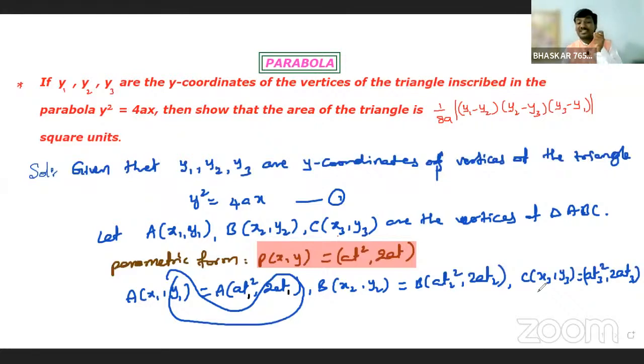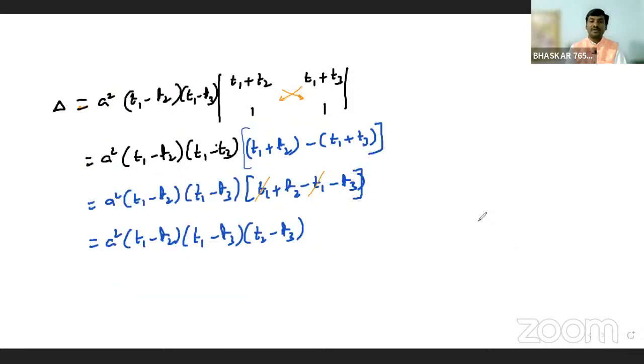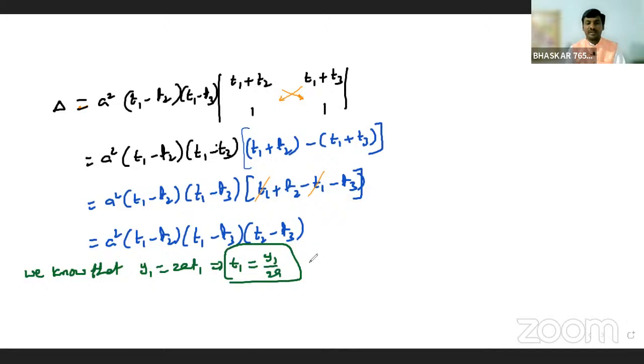From this, what is the t1 value? t1 is equal to y1 by 2a. Like that we can write. We know that y1 is equal to 2a t1, which implies t1 is equal to y1 by 2a.